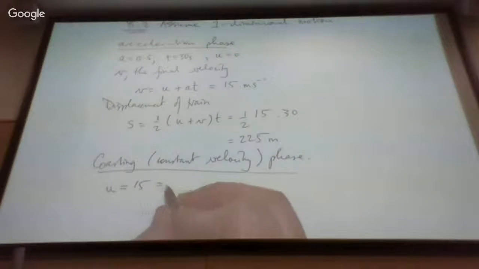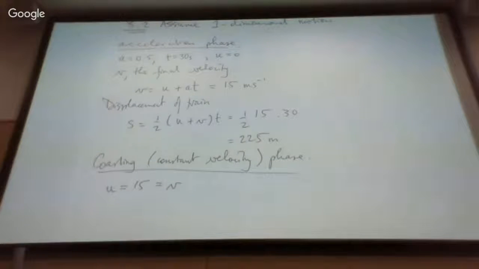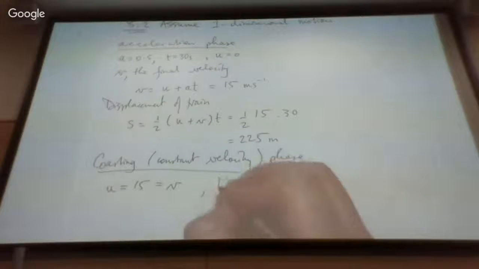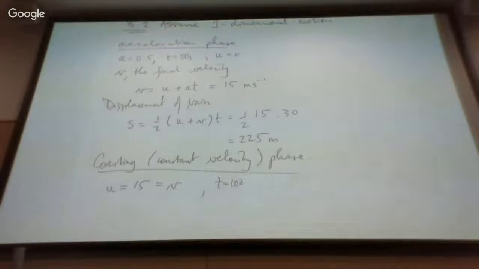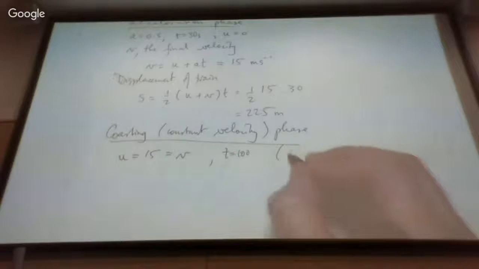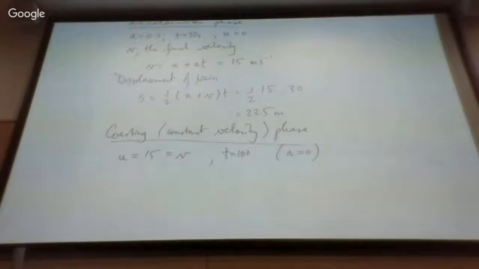It's moving with constant velocity, there's no acceleration, so we should take v as 15 as well. V is the final velocity in this coasting phase, and we're told that it's coasting for 100 seconds. a is understood to be 0 here, because it's just moving along at a constant velocity.